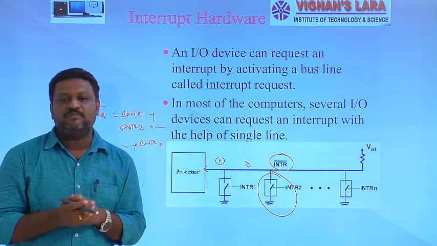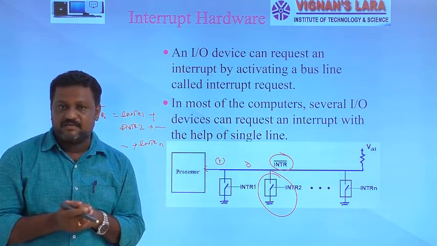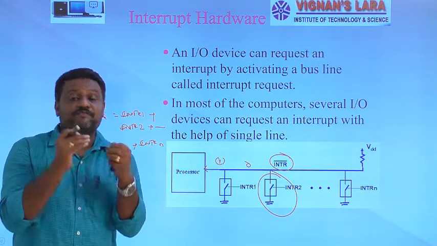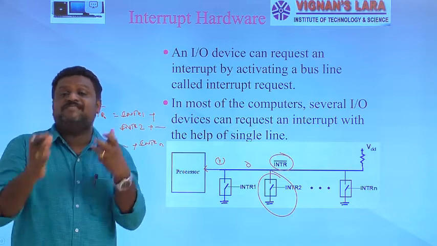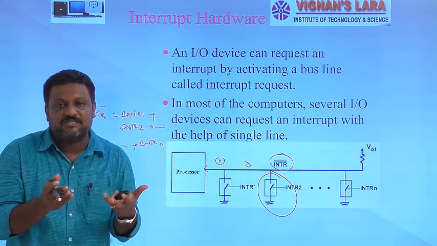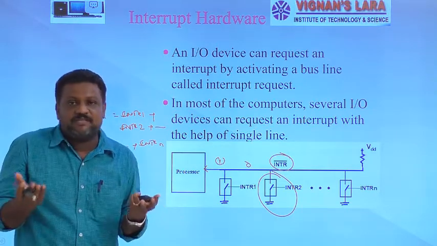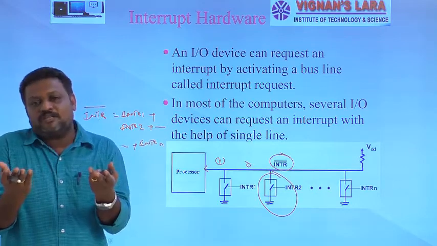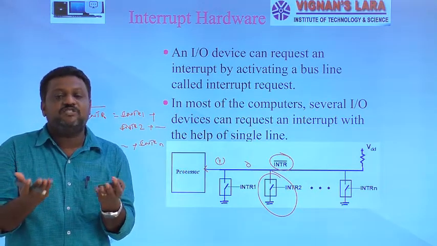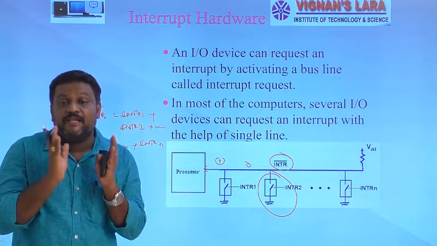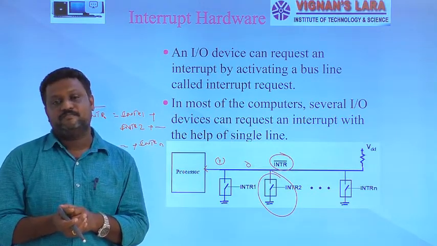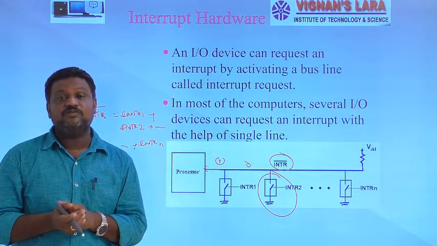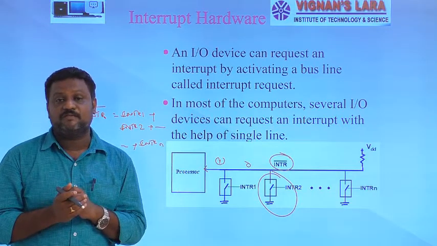But one thing you have to remember friends is that whenever a device gets a service from the processor, or whenever the device gets a response from the processor, that means once your processor is going to provide a service for any request, it issues an acknowledgement signal. Once a device receives that acknowledgement signal, then and only then does it change the logic level on the INTR signal.